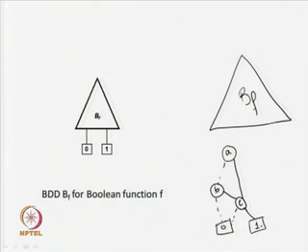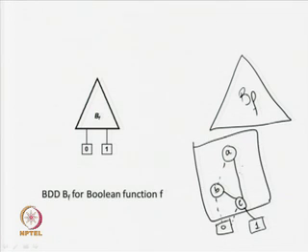So, this is the BDD that we have already seen, a simple BDD. Now, this particular tree we generally represent with the help of this triangle, and we say that this is the BDD for function f, and eventually it has these two terminal nodes, 0 and 1. This is the graph that we have.